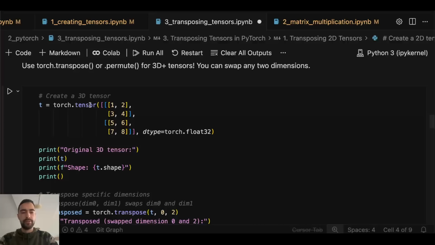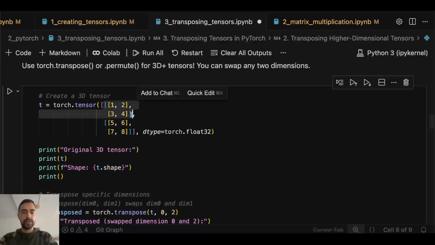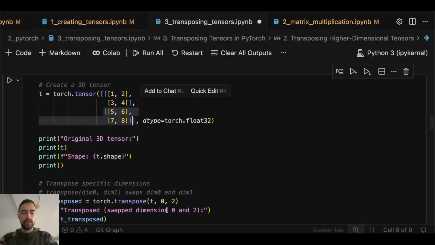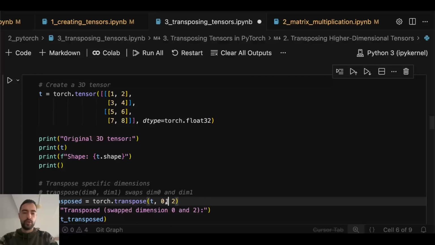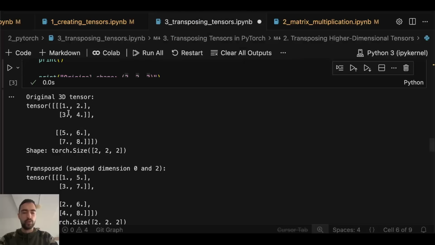Let's see if we have a 3D matrix. 1, 2, 3, 4, and that's one matrix, and then there are two matrices, and we want to transpose the zeroth, which is this outer dimension, and the last dimension, which has index 2. That's going to be a little bit weird. Now we did this, and 1 and 5 now becomes this row.